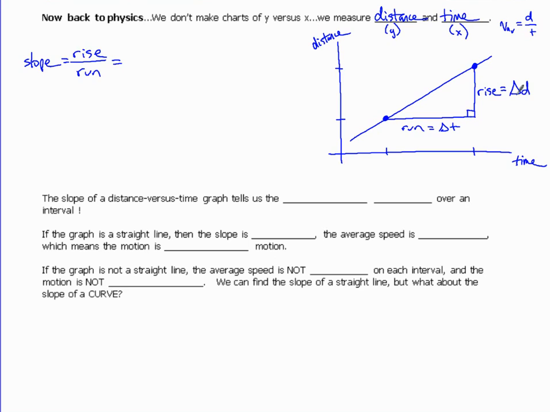So our rise is change in distance, delta D, and our run is delta T. Delta D over delta T, average velocity.